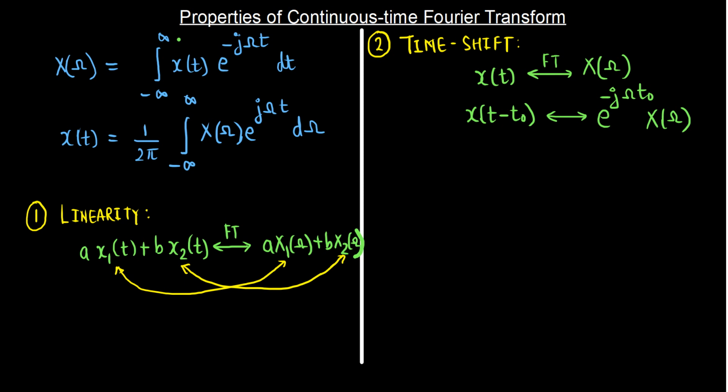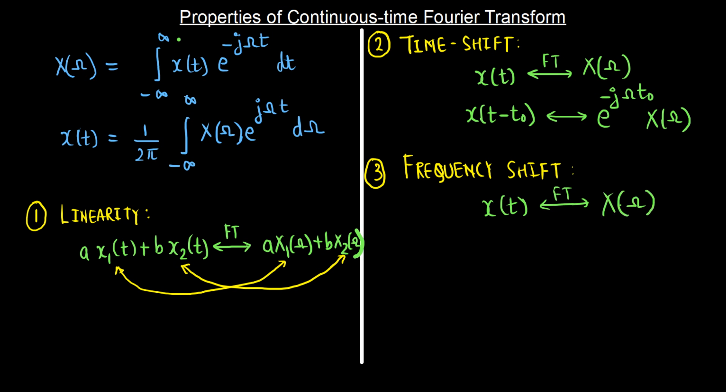Similarly, we can have the property of frequency shift. So let's have another property of frequency shifting. That means shift in the frequency domain or the Fourier domain. This property says that, let's suppose I have a signal x of t whose Fourier transform is given by X of omega, then let's suppose we shift the signal in the Fourier domain by a certain amount, say X of omega minus omega naught.